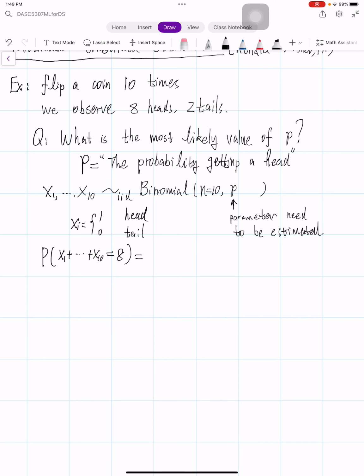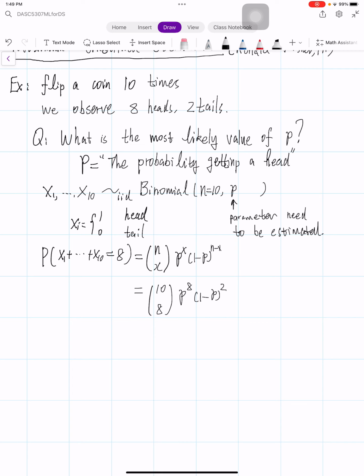By the binomial distribution formula, this is n choose x, p to the power x, 1 minus p to the power n minus x. Here x is 8 and n is 10, so the combination of 8 out of 10, times p to the power 8, times 1 minus p to the power 2.